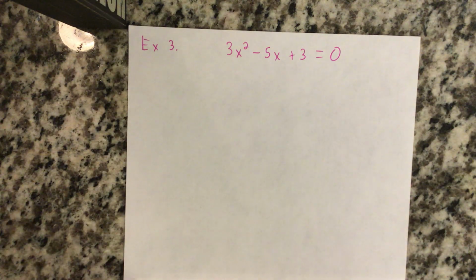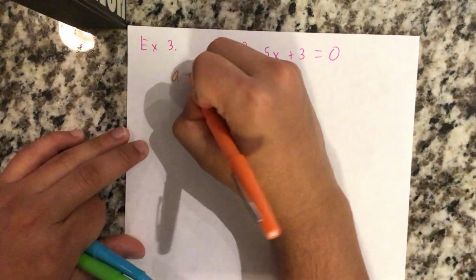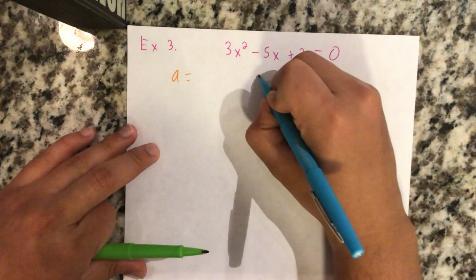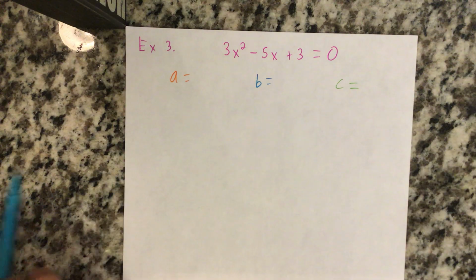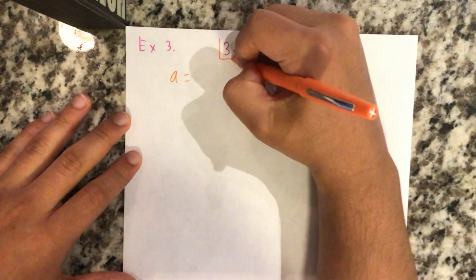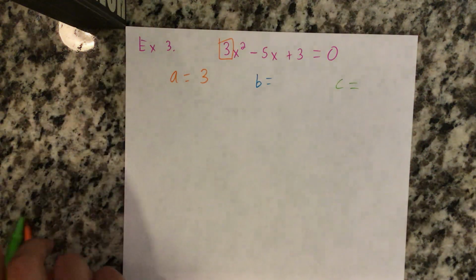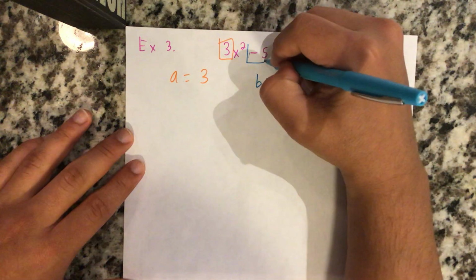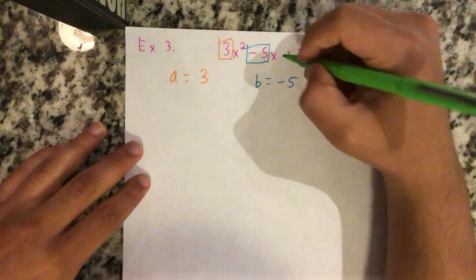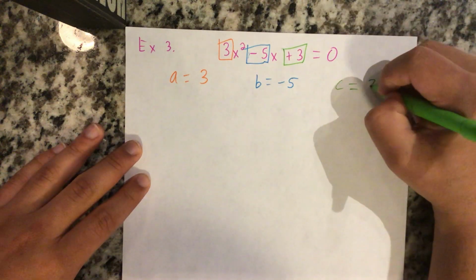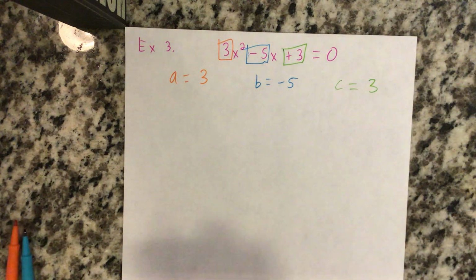Same thing. A right here, B right in the middle, and C over here. Okay? So, A is what's in front. Boom, 3. B is what's in front of the x. Make sure you get the sign. Negative 5. And then C, the constant in the back, positive 3. A, B, C, taken care of.